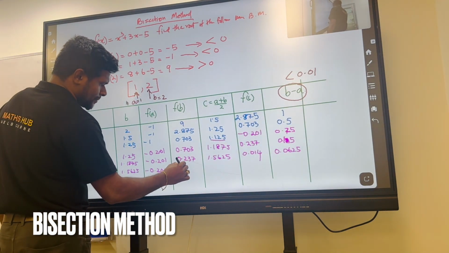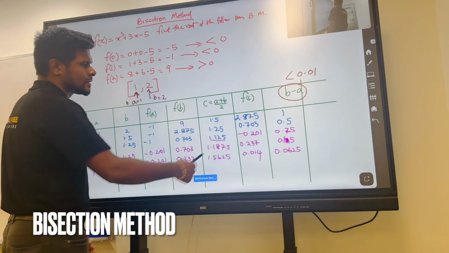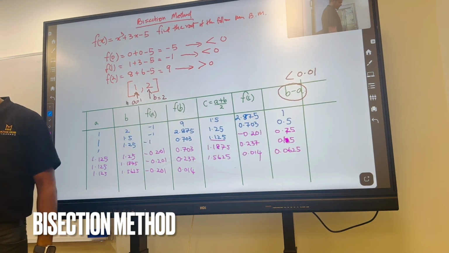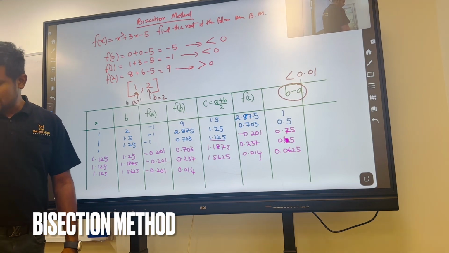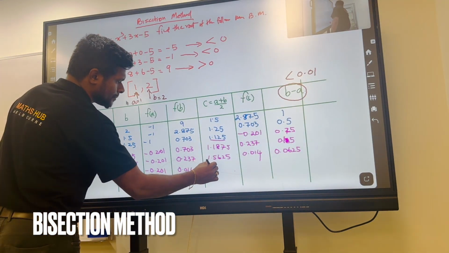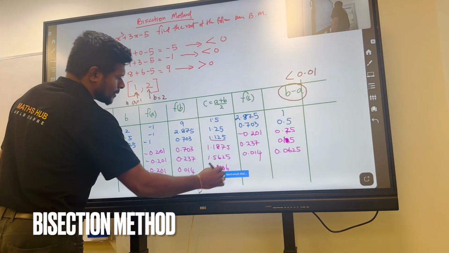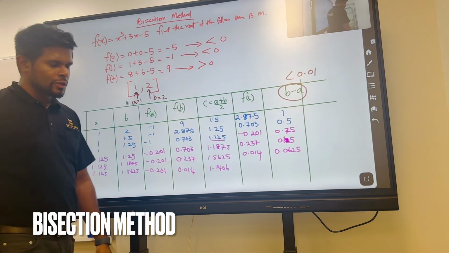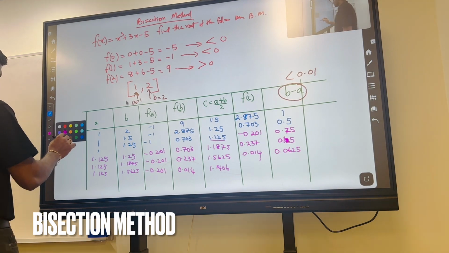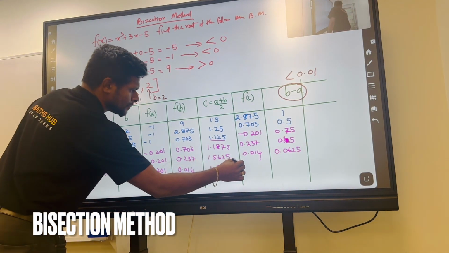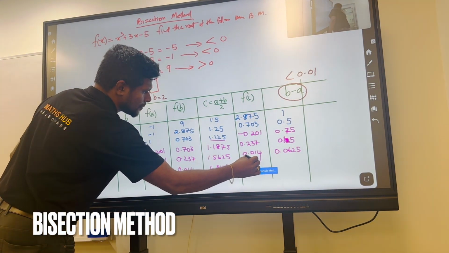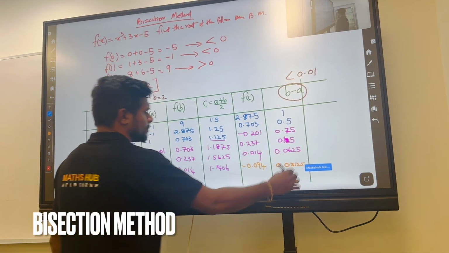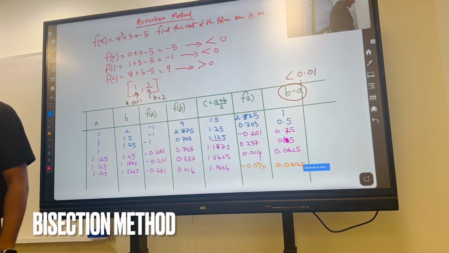Very good, because I can use the same values here on the table, right? And the next one, 1.1406. Now what is my FC value? Negative 0.094. Understand, right?